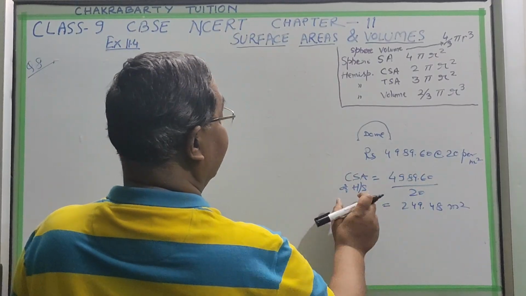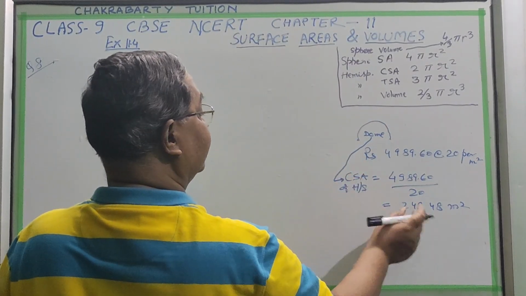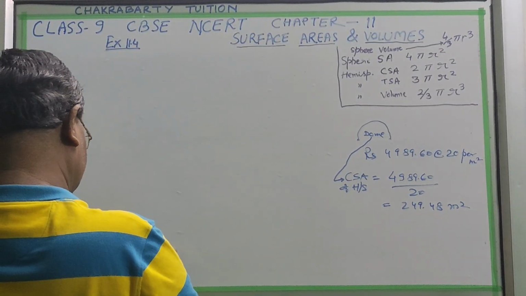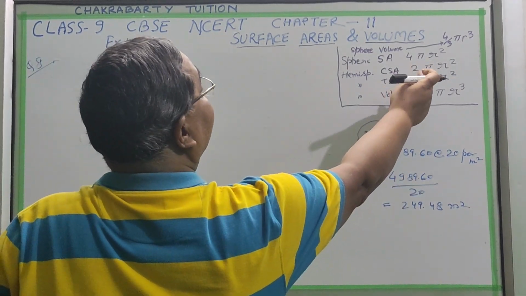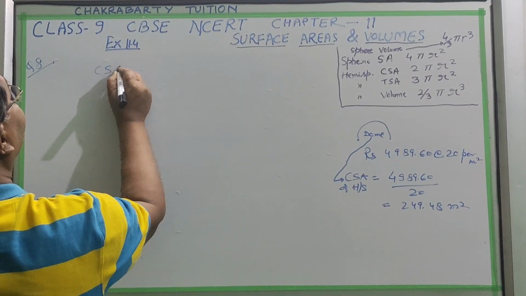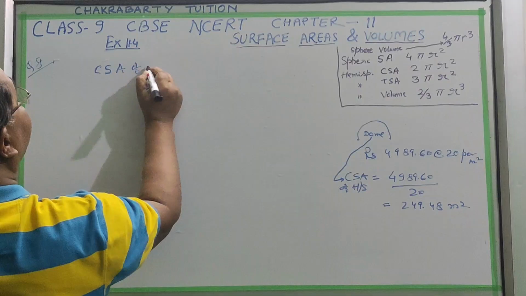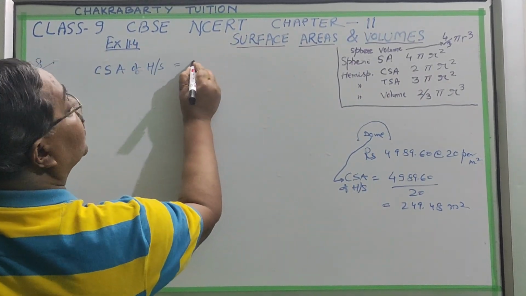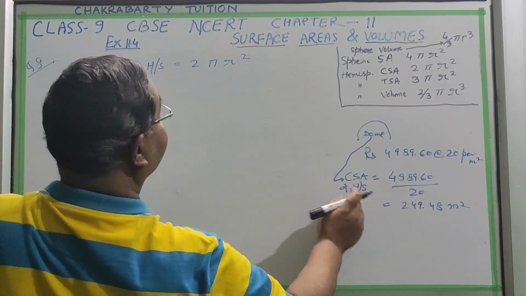This is the formula we have for the hemisphere's inner surface area. Now from here we can find the r also, because we have a formula. Curved surface area of a hemisphere is equal to 2 pi r square, and you have found this curved surface area.